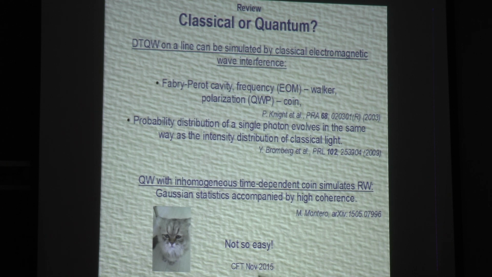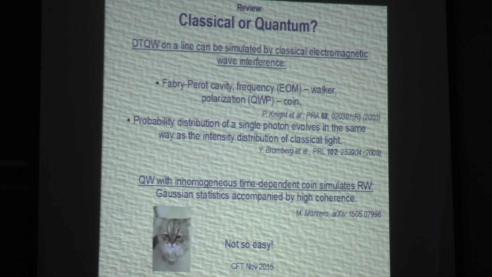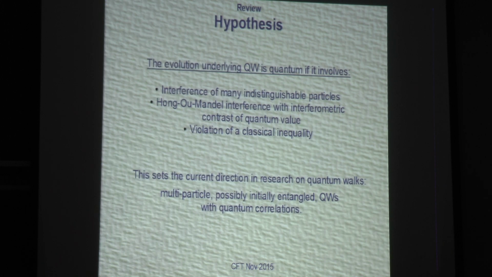It has been shown that the discrete time quantum walk on a line can be simulated by classical systems, for example, classical electromagnetic wave interference. Also, that a quantum walk with inhomogeneous time-dependent coins simulates a random walk. We have Gaussian statistics accompanied by very high coherence. Thus, how do we know that the evolution underlying a quantum walk is quantum or classical?